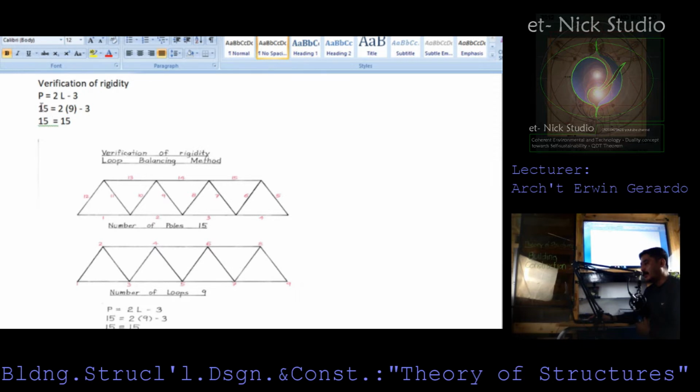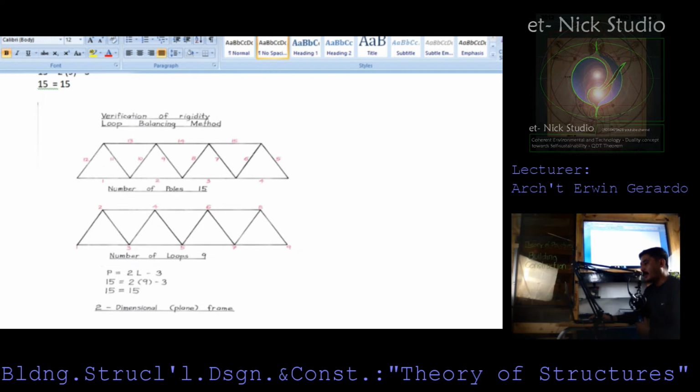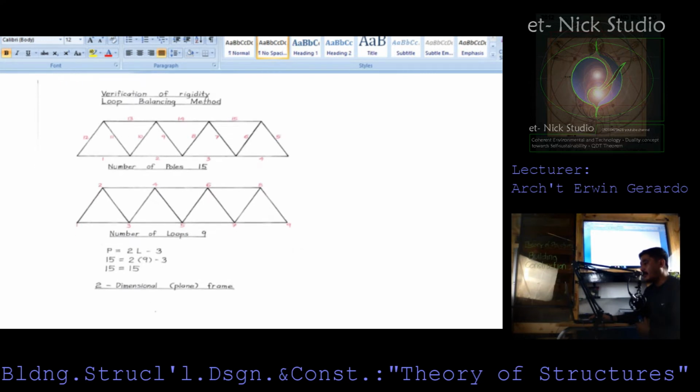So the formula for the verification of rigidity for this truss is P equals 2L minus 3, which denotes that the formula for this verification of rigidity for the loop balancing method is 15 equals 15 for a two-dimensional plane frame.